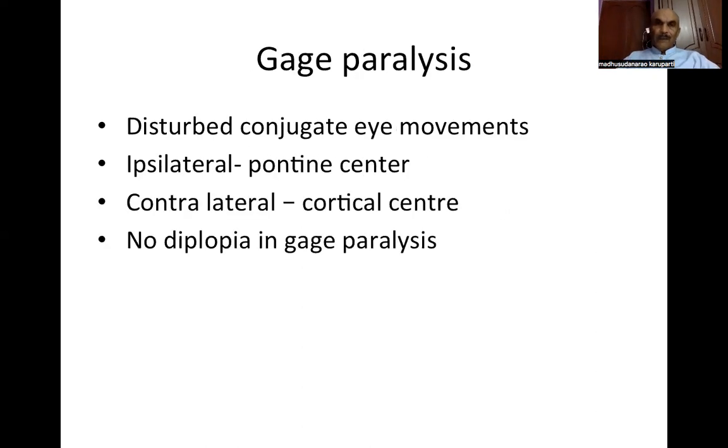Well, lastly, coming to gaze paralysis. Gaze paralysis is nothing but disturbed conjugate eye movements. Conjugate eye movements are characterized by one eye following the direction of movement of the other eye. When the left eye is moving to the left side, the right eye follows it.